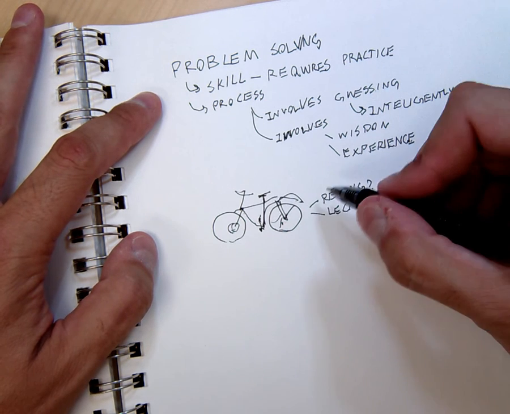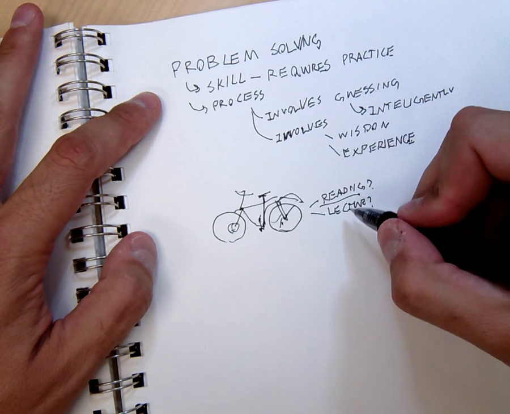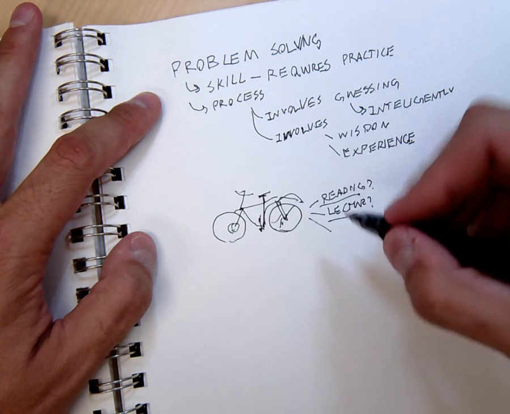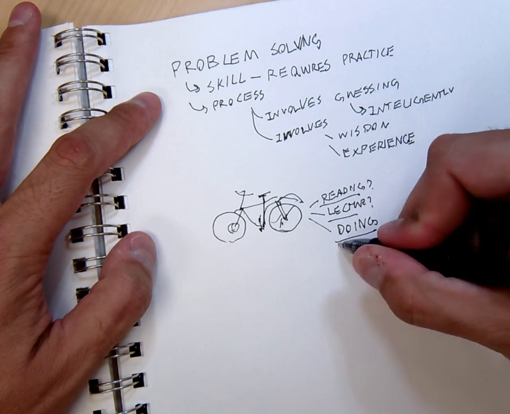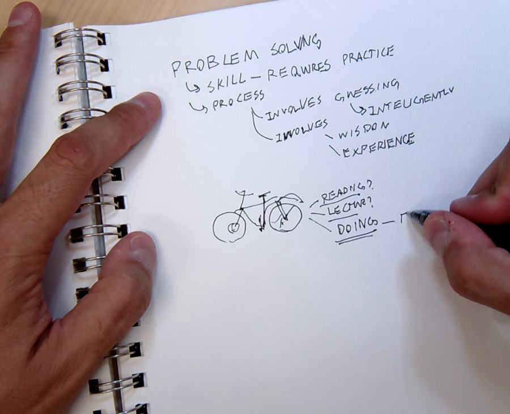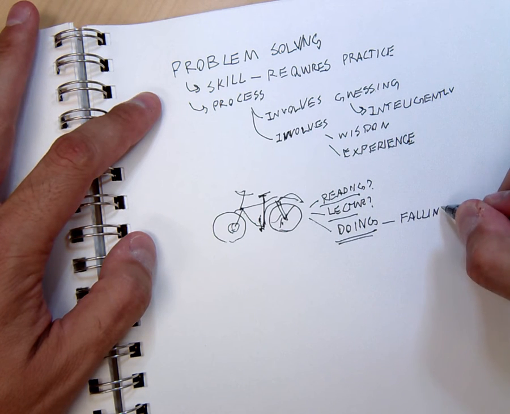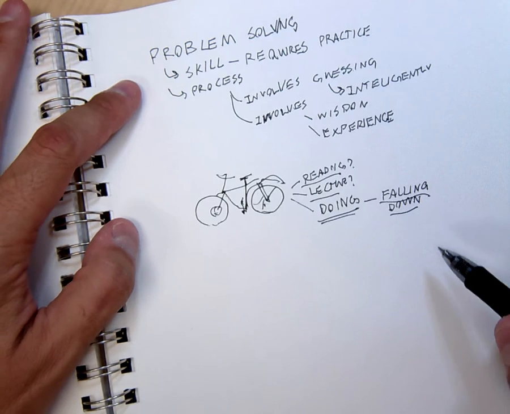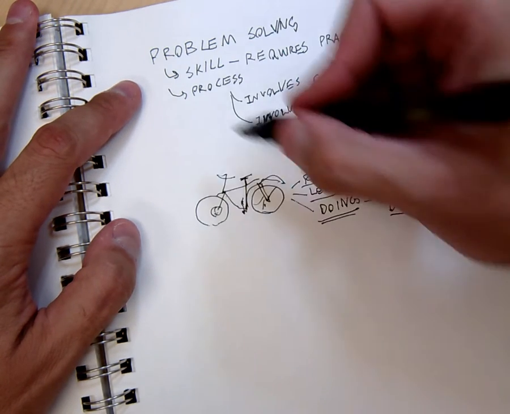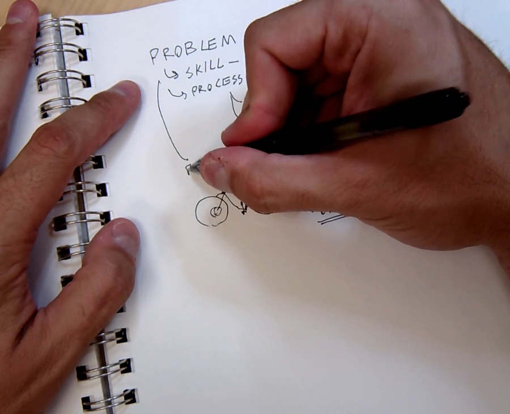Although somebody explained it and you might have looked at something, you only really learned to ride a bike by doing it and by falling down. So I can't emphasize enough, for problem solving, you need practice.